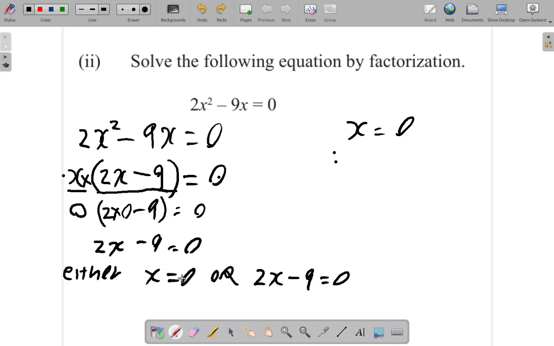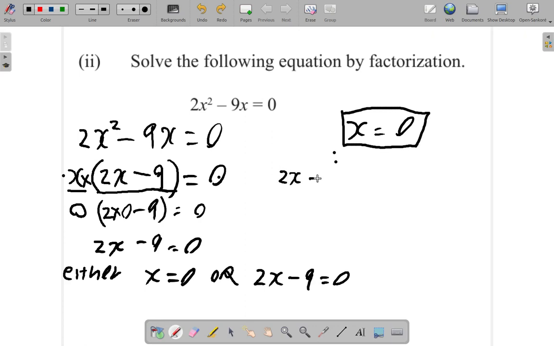Now, since x multiplies 2x minus 9, then either x is 0 or 2x minus 9 is 0, or both. Suppose it is a case where 2x minus 9 is 0. What happens? Now we have this already down. Let's check out the 2x minus 9.